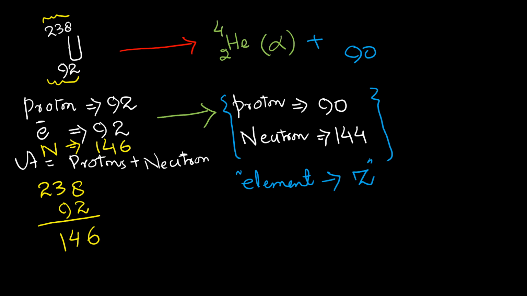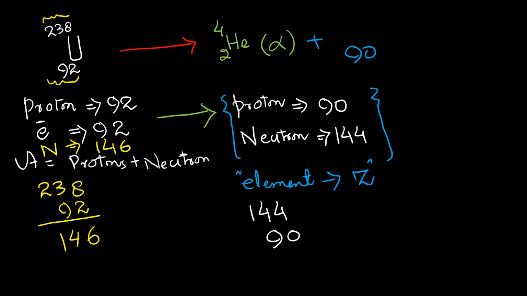The atomic mass, or atomic weight, is the number of neutrons plus the number of protons.